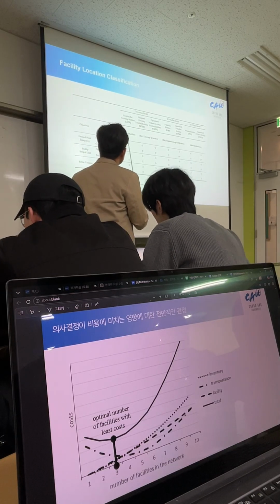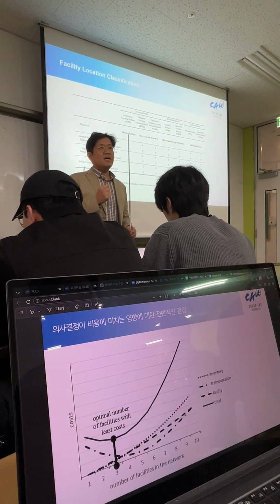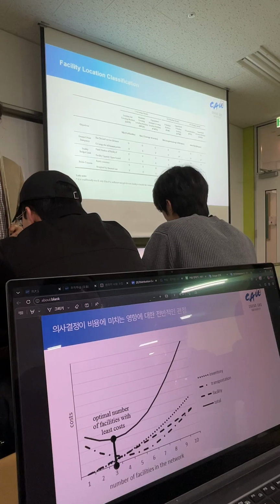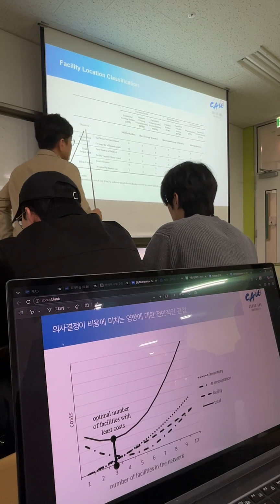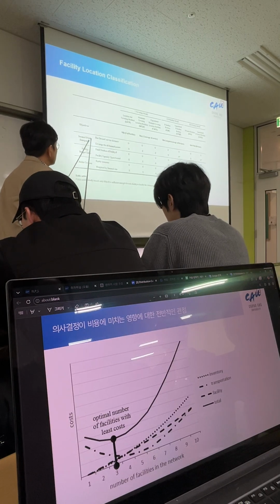They want to achieve the minimum number of facilities. That means we do not have a fixed number of facilities. For example, the objective function is comprised of different cost factors.